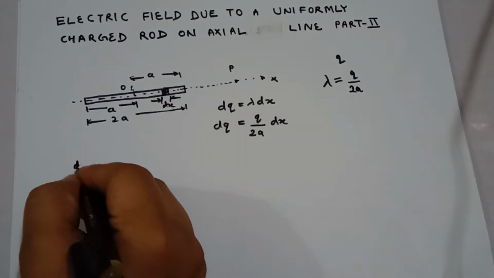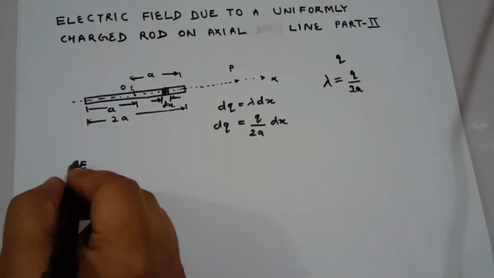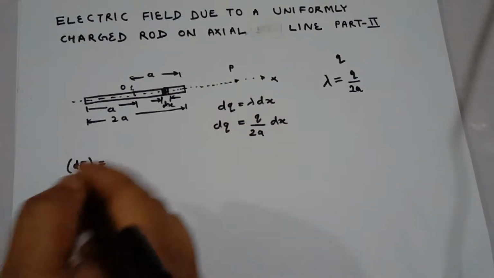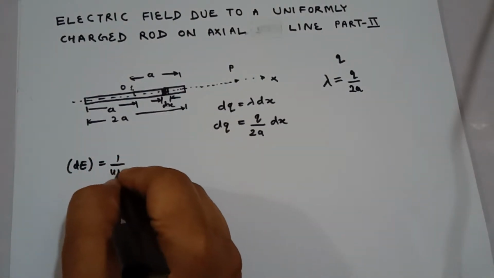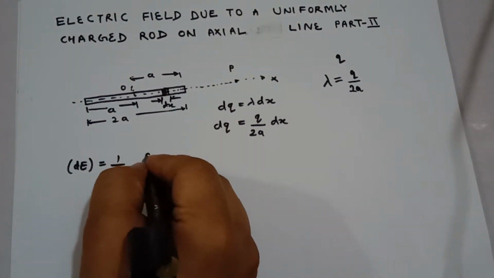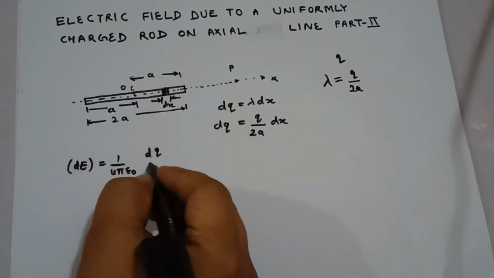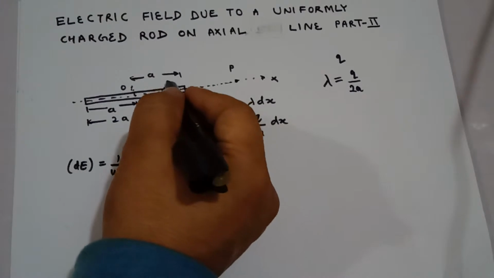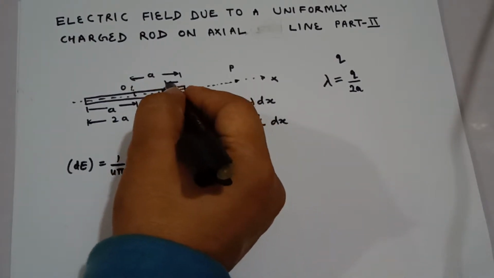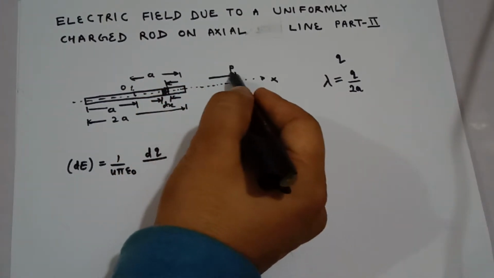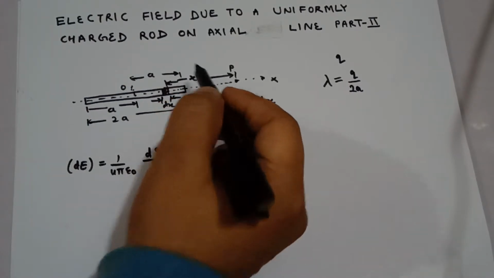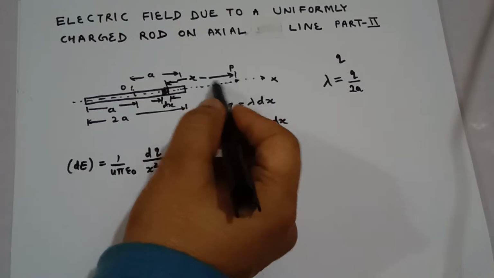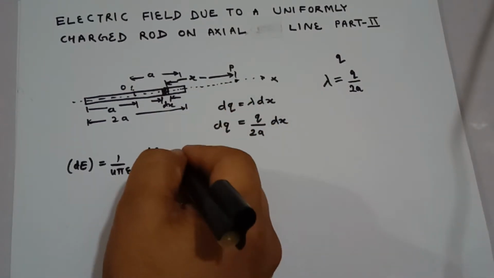That electric field, suppose dE, is nothing but 1 by 4 pi epsilon naught, that we already know, times the small charge dq divided by the distance squared. Suppose the distance of this dx element from the point P is x, so it should be x square, and of course the unit vector along the x-axis, we know, is i cap.